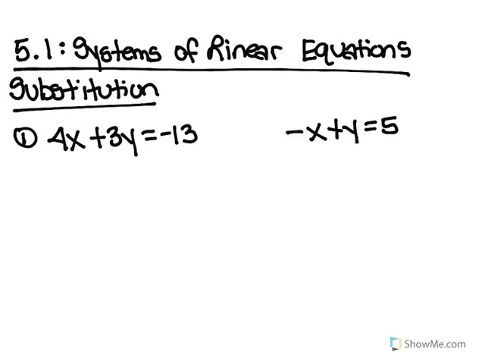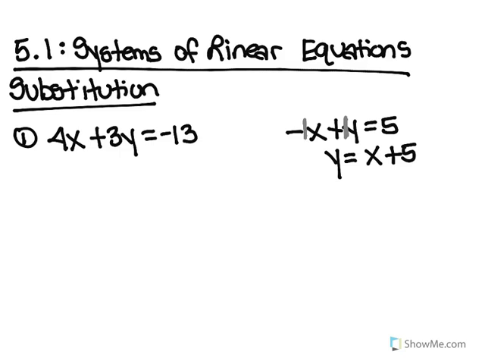There's a negative 1 in front of my x, and there's a positive 1 in front of my y. So I can easily solve this equation for x or y. And so in this case, I'm going to solve for y, and it doesn't matter. And the reason I'm going to solve for y is because it's positive already. So that means I move my negative x over, make it a positive x, plus 5.